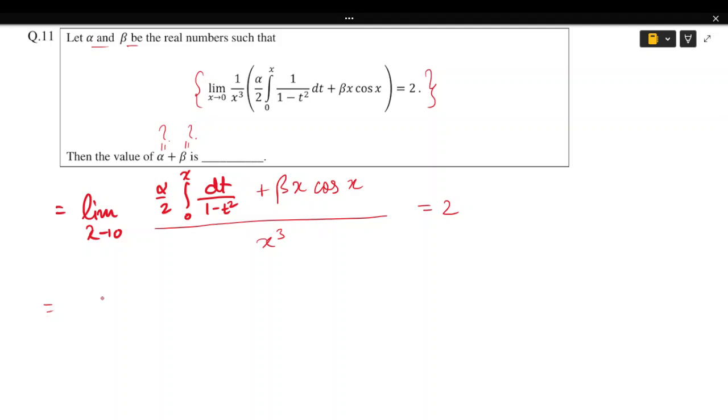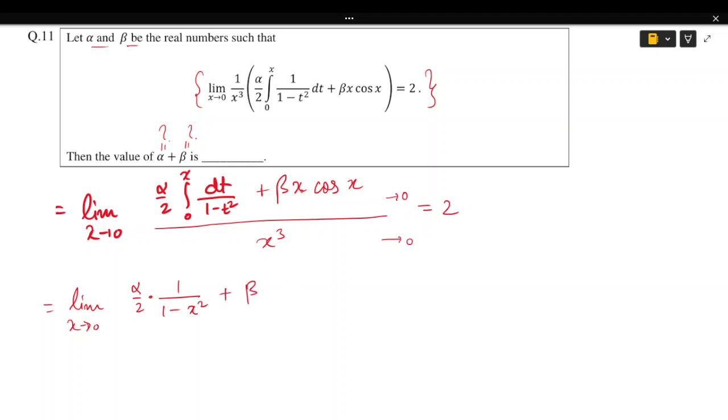If we apply L'Hospital's rule, because we observed that the numerator is going to 0 and the denominator is also going to 0 when we put x as 0, one can simply do L'Hospital's rule, which is the differentiation of numerator as well as denominator. The differentiation of the integral from 0 to x of dt by 1 minus t square, via the Newton-Leibniz integral rule, will be 1 upon 1 minus x square.